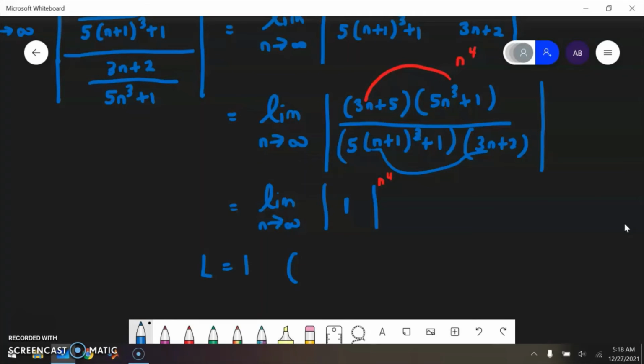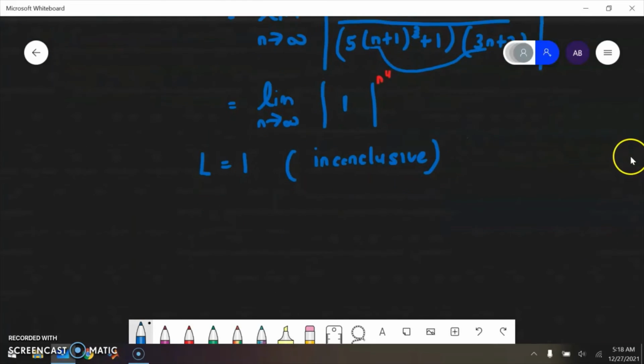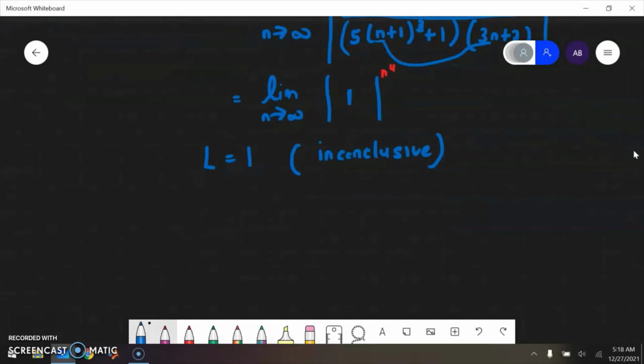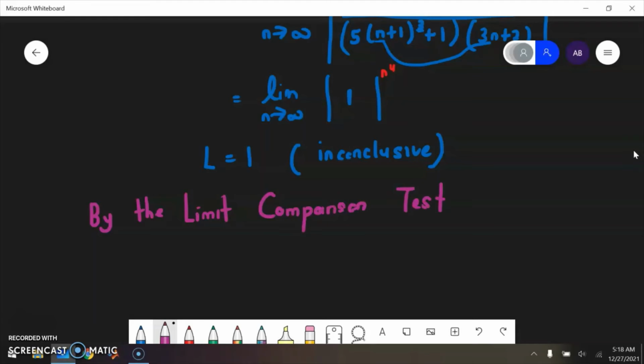Your ratio test is inconclusive because it cannot tell you whether it converges or diverges. So how to do this? You have to use the limit comparison test, or the comparison test. I'm going to show you by the limit comparison test. What's the limit comparison test?